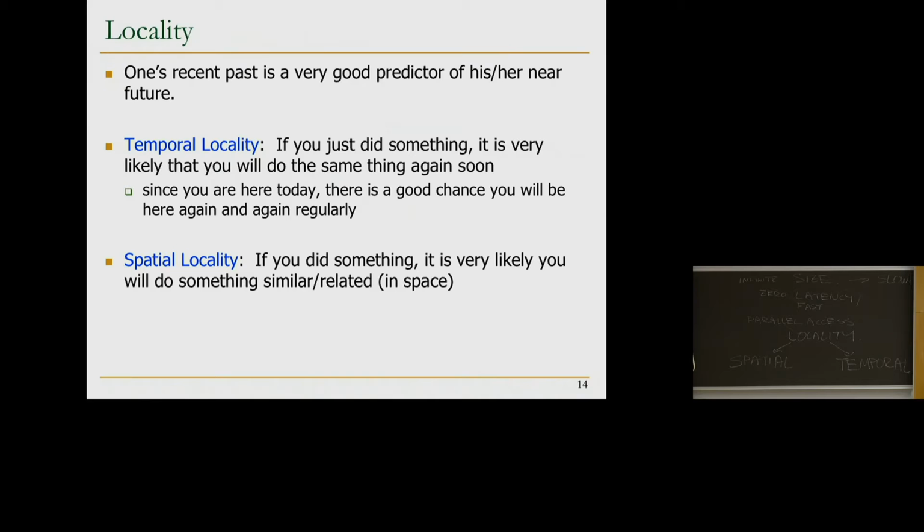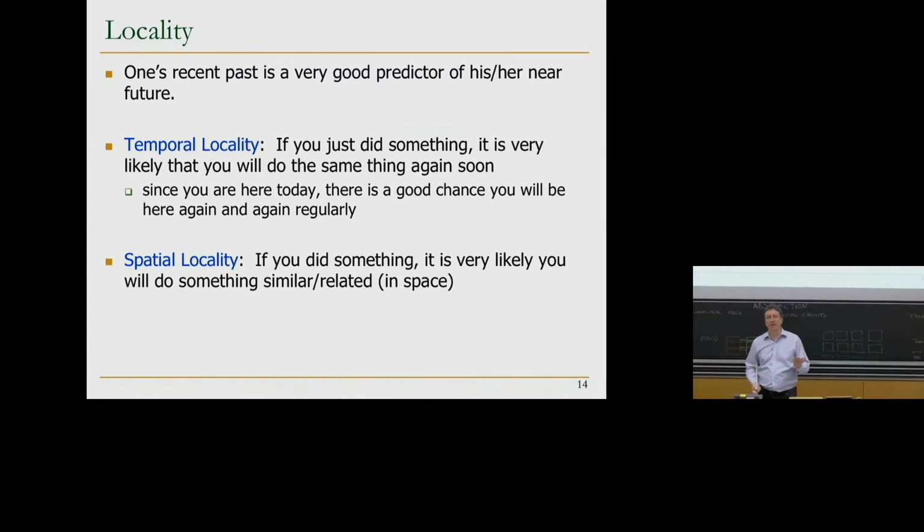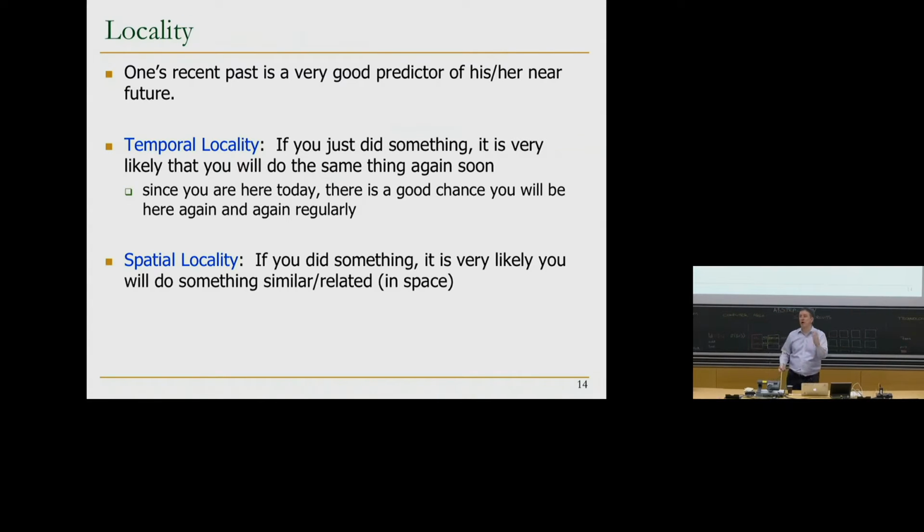So if you are accessing memory location 0f00, it's very likely that the next time you access something, 0f04, 0f08, 0f0c will be next. So if I am bringing one piece of data, don't only bring one, bring all your friends, you know? Bring 8 words together, bring 16 words together. So these are the two tricks that we are using.